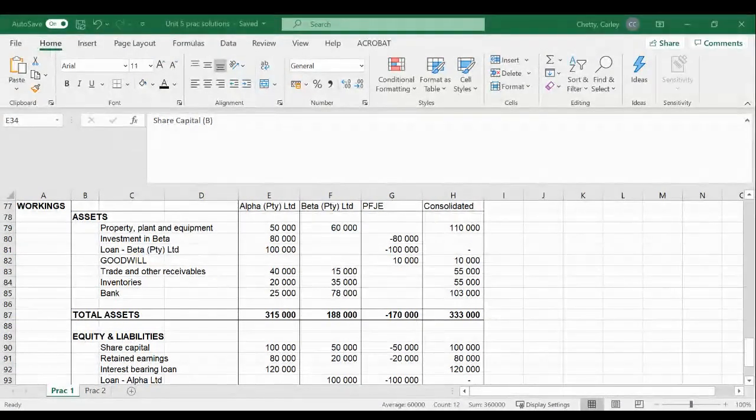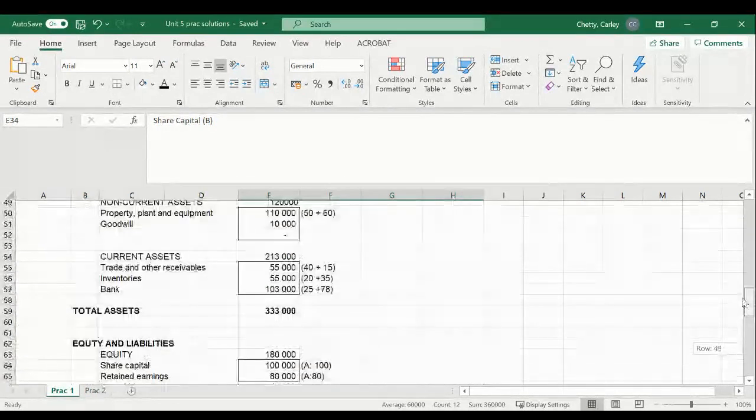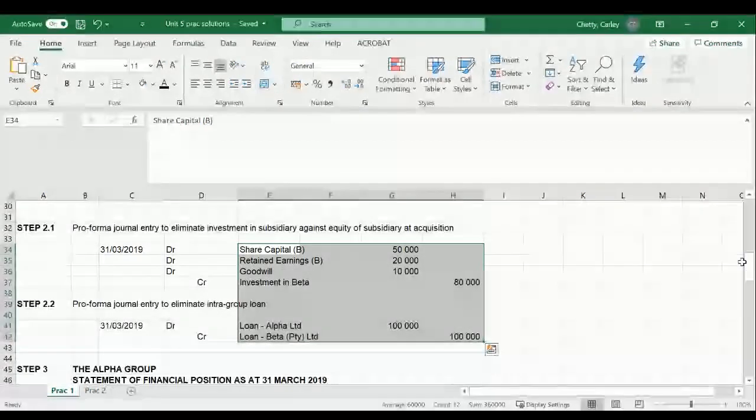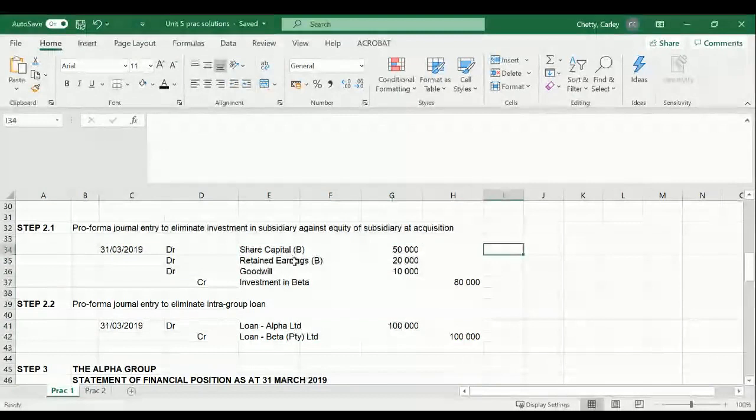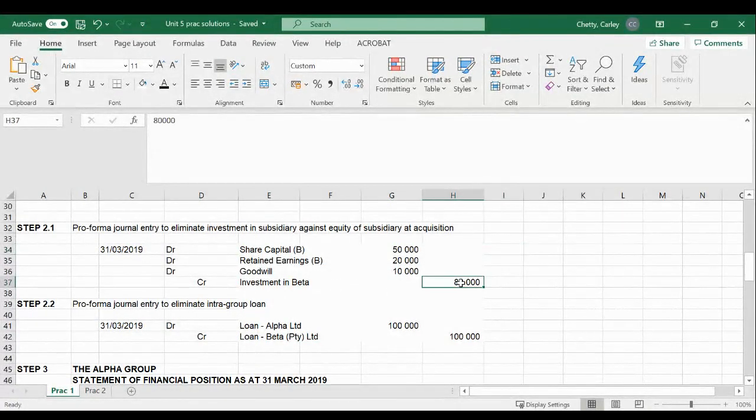So have a look at the pro forma journal entry column. This basically shows the journal entries that we looked at just now. Remember that pro forma journal entry here, where we debited share capital and retained earnings, and we credited our investment in Beta. This is shown in the pro forma journal entry column over there.